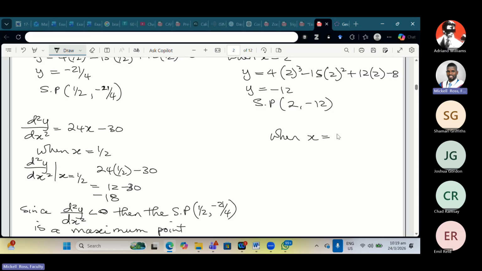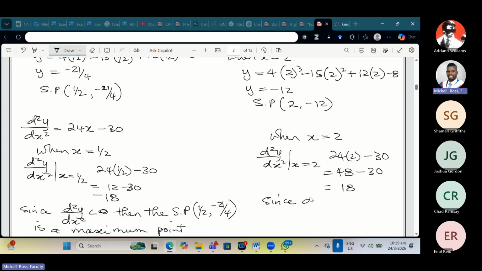When x is equal to 2, that means the second derivative at x equal to 2 is going to be 24 times 2 minus 30. So this is going to be equal to 18.